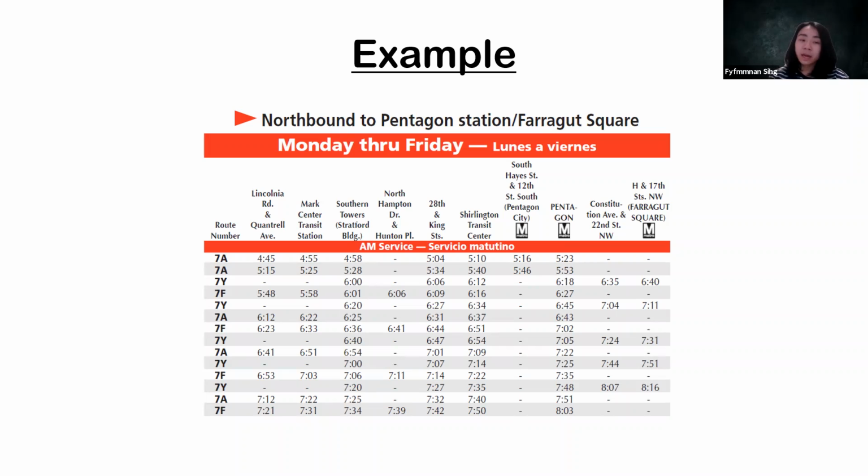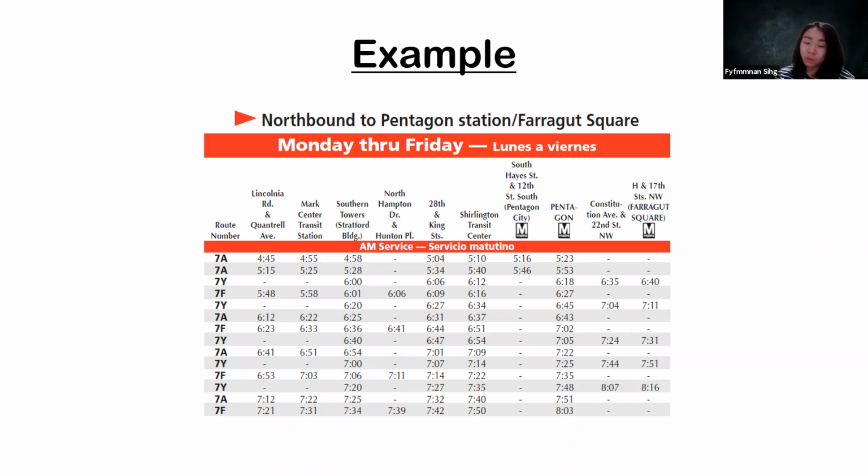And if we wanted to measure that of the 7F, we would see that the last two are at 6:53 and then I think it's 7:21. And that's also approximately 30 minutes as well.